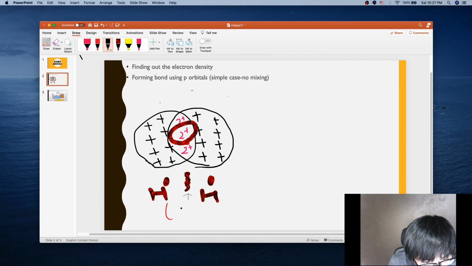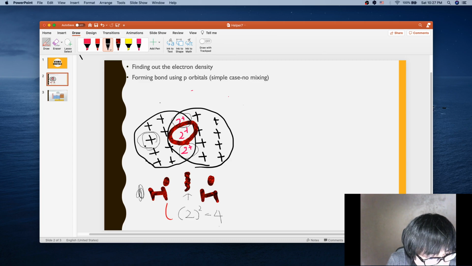Somewhere around here I have 2 plus squared, which is going to be 4, right? And same story for that one and that one. So the electron density in between the atoms is 4. That's quite a lot of electron density. Now let's go back to the outside.